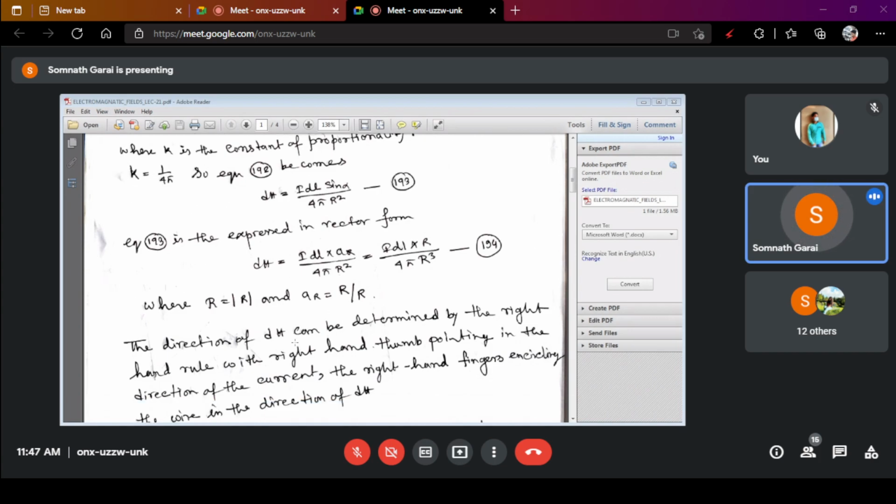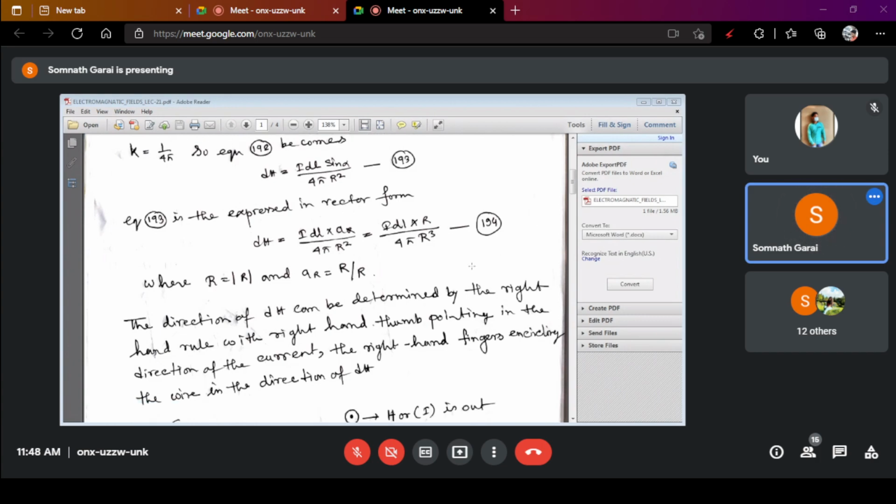So we can write aR is equal to capital R by mod R. So this equation can be converted to dH is equal to I dl cross R divided by 4 pi mod R cubed. Equation number 194 represents the vector form of the Biot-Savart law.